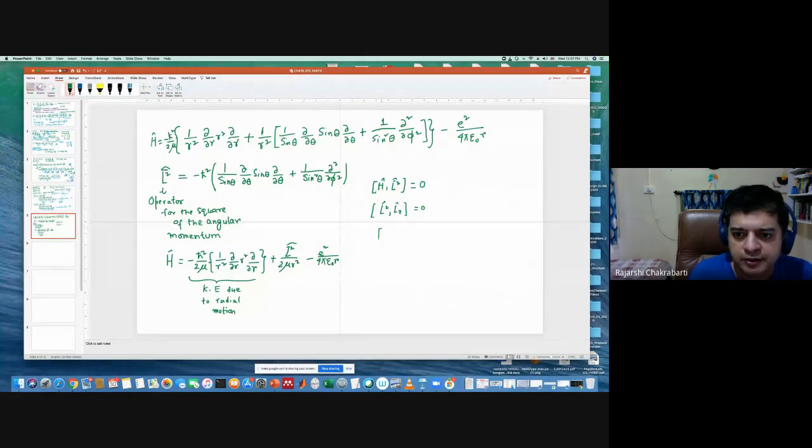It basically means your H will also commute with Lz. So essentially it tells you that they should have a common set of eigenfunctions, no?